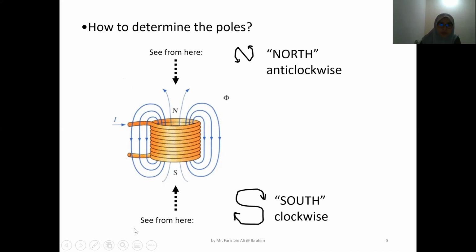At the bottom, viewed from this side, the arrow is turned this way and on the other side is turned upward, which gives you the south pole, and the direction is clockwise.